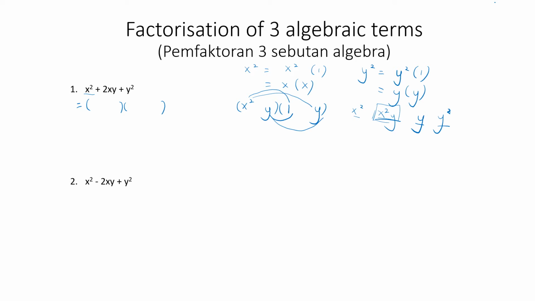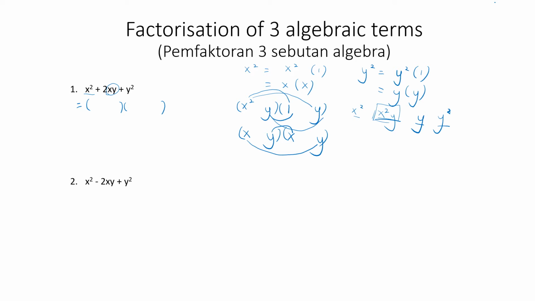So in order to get xy, okay, in order to get the term xy, you must have x and y separate, so that when you do expansion, you will get xy here and xy here, right?